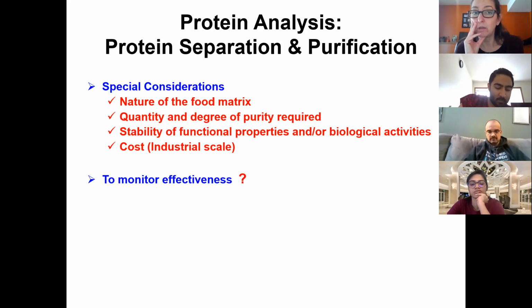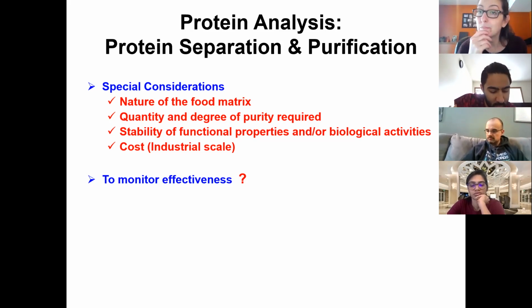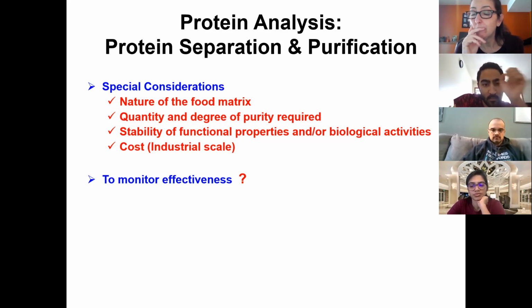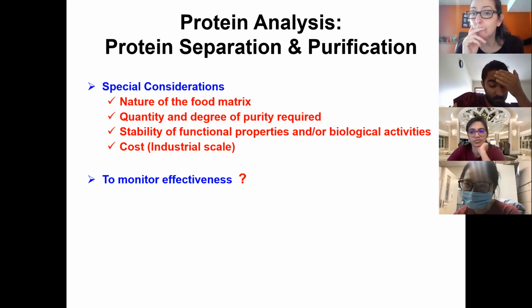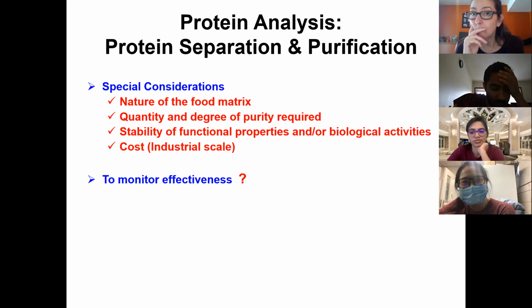How do I monitor the effectiveness of my isolation? What do you guys do, those of you that isolate proteins? What parameters do you look for? Ash, moisture. We measure proximate analysis to measure the ash, moisture and protein.